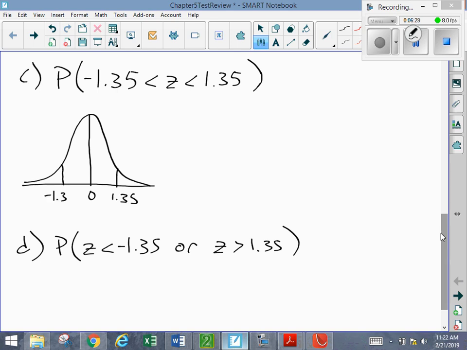All right, so that's what we're looking for, the area of that shaded region. So now, this is my lower bound, this is my upper bound. Let's put it into the calculator.